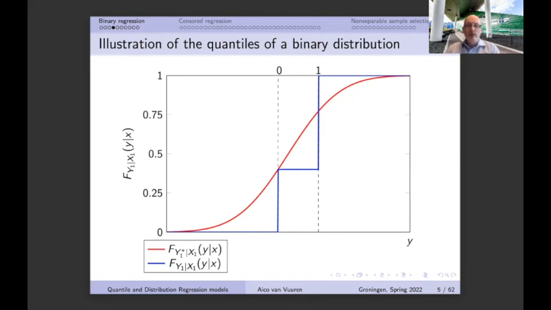Well, if y1 is equal to 0, we know that y1 star must be smaller or equal to 0. So that means essentially that the probability that y1 is equal to 0 is equal to the probability that y1 star is smaller or equal to 0. And that's by definition, of course, equal to the distribution function of y1 star evaluated in 0.